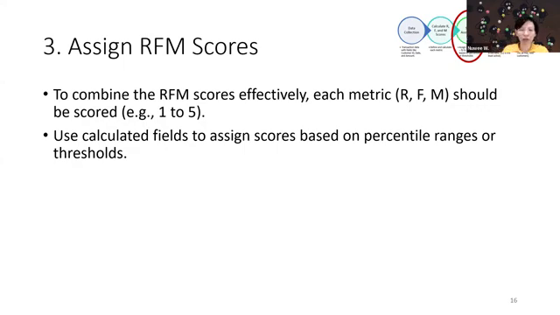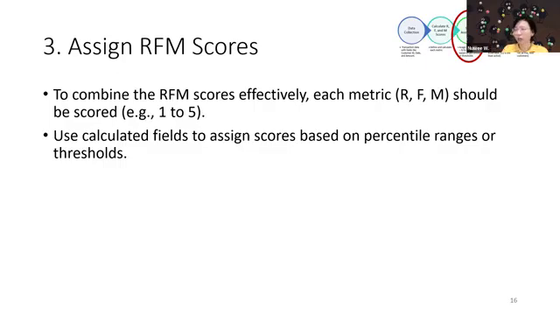In this case, only 5: 1, 2, 3, 4, 5. But the question is how can we draw the lines between 1 to 2, 2 to 3, 3 to 4, 4 to 5, right? There's no single right answer. It depends on the context, right? How do you choose the method? It depends on the business context.